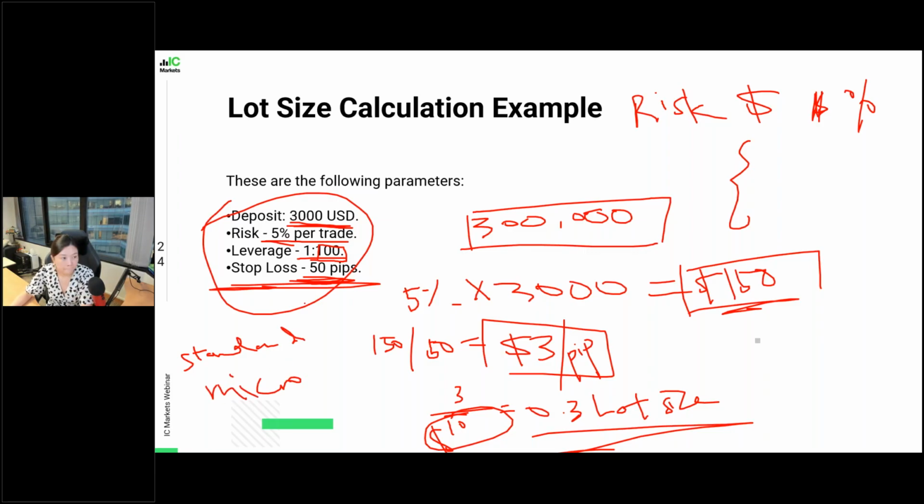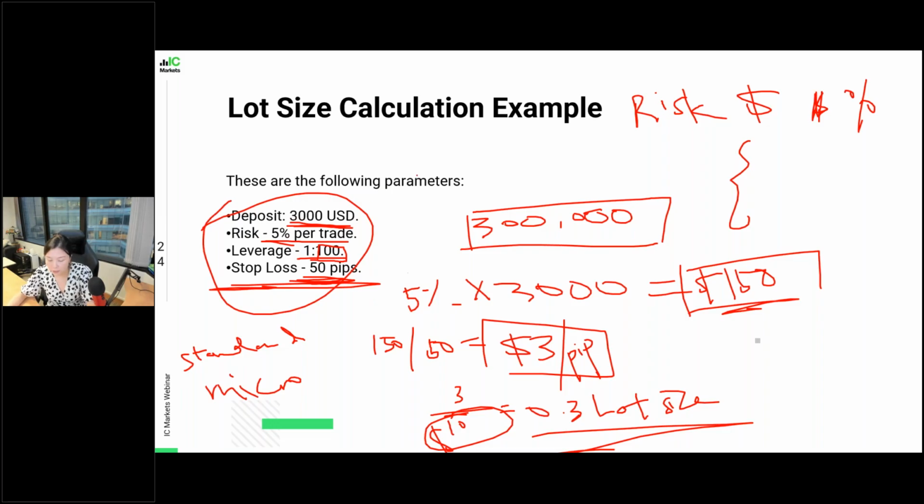Okay, I hope this is clearer. If you still do not know how to calculate, you can use the lot size calculator, or there are some pages or articles where you can find examples of how to calculate the lot size.